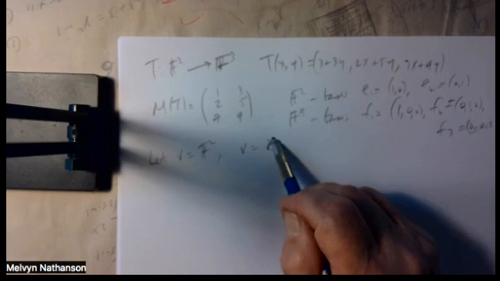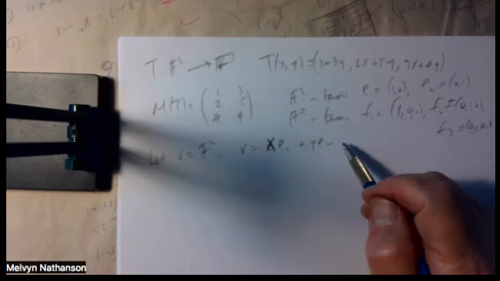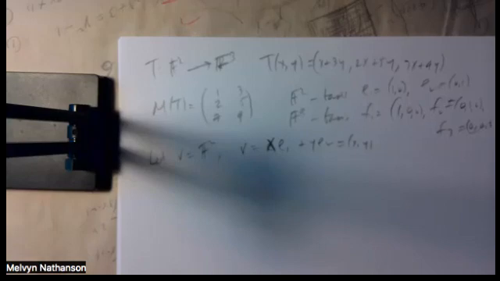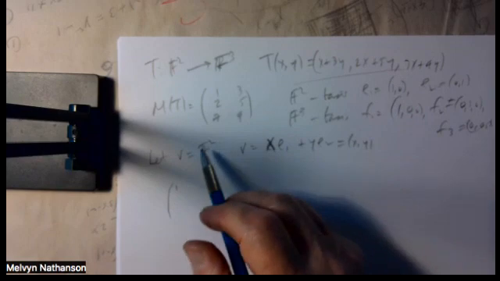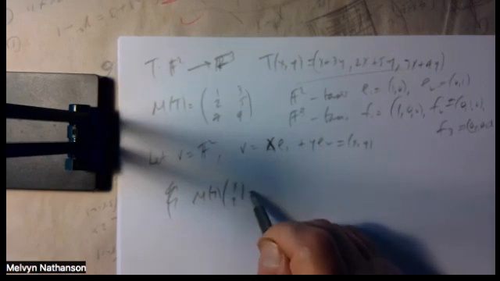And suppose we have a vector V, which is, let's say, xe1 plus ye2. That's the vector x, y. And this is what T of x, y is. So let's perform the following magic trick. Suppose I take the matrix M of T times, let me write this as a column vector x, y.